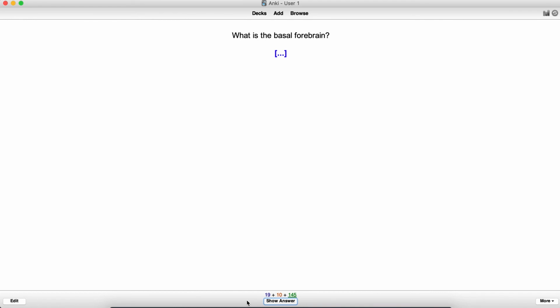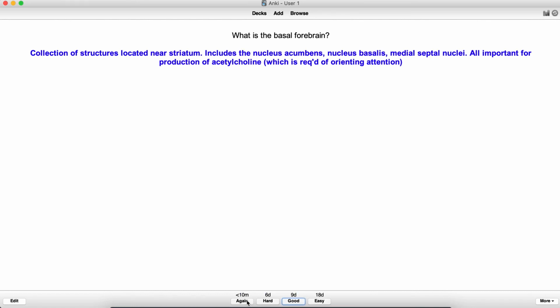What is the basal forebrain? It is a structure located near the striatum of the brain, and it contains nucleus accumbens, nucleus basalis, medial septum nuclei. All important for the production of acetylcholine, which is required for orienting attention.